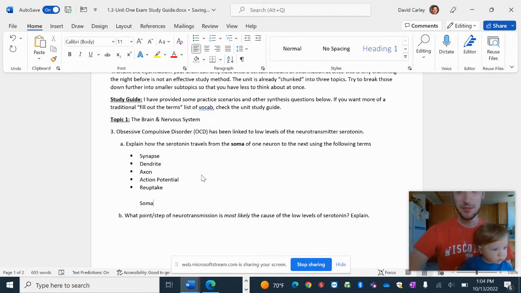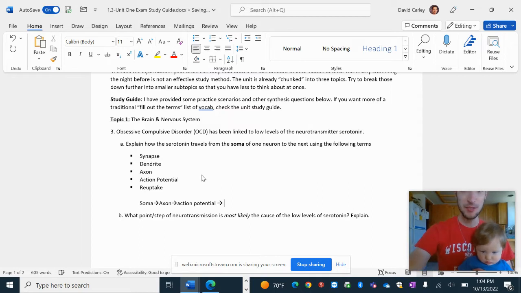That's where the signal is going to start, and the soma is going to send that signal to produce serotonin, and that's going to travel down the axon, and then the axon is going to send a signal called action potential, which is going to tell the end of the neuron to release serotonin.